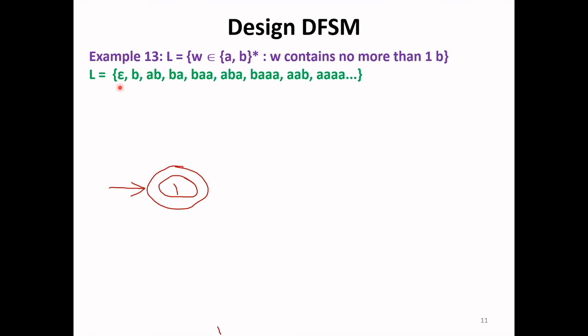Then if at all B exists, there must be only one B. So let us take a compulsory transition B to a next state, state 2, which reaches the final state.